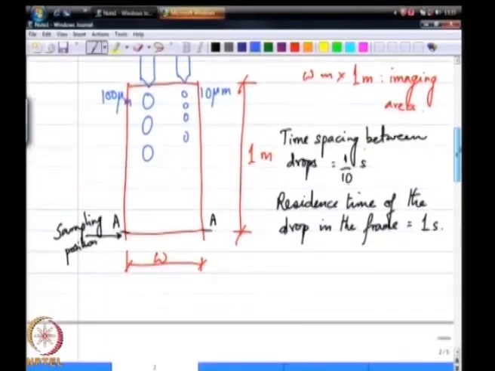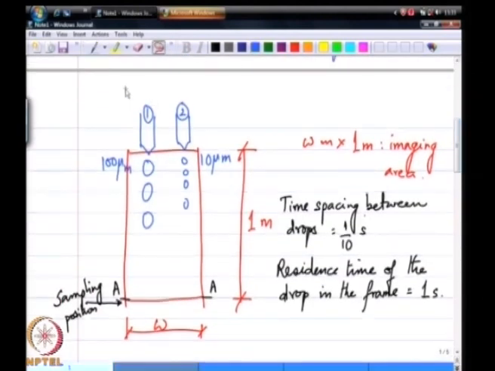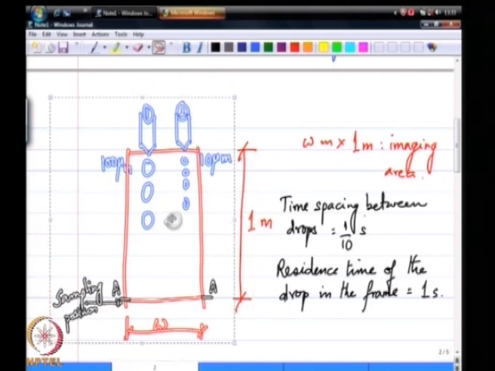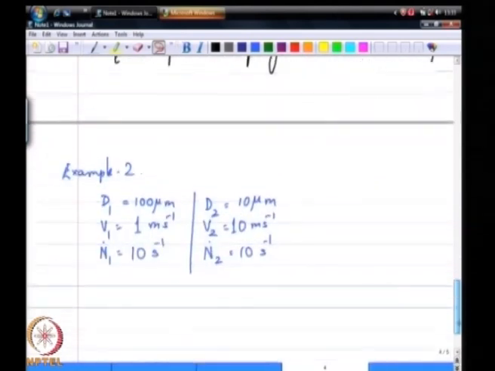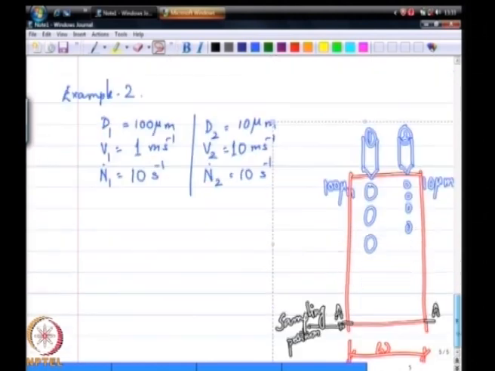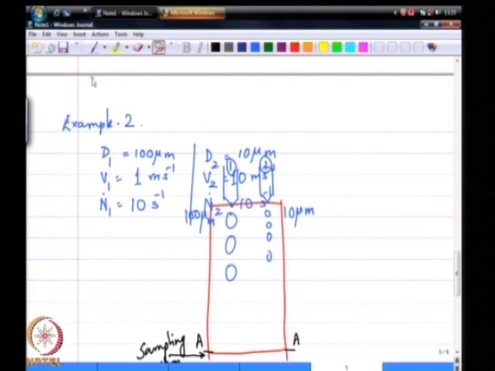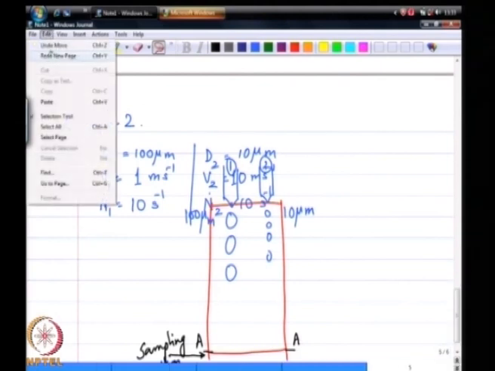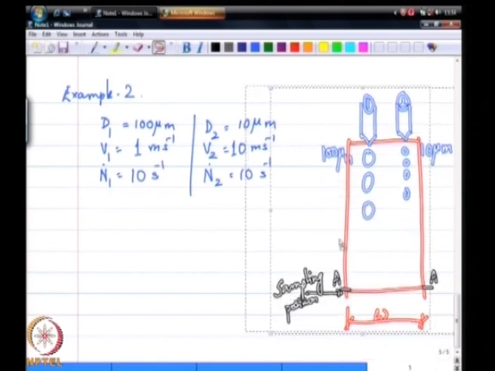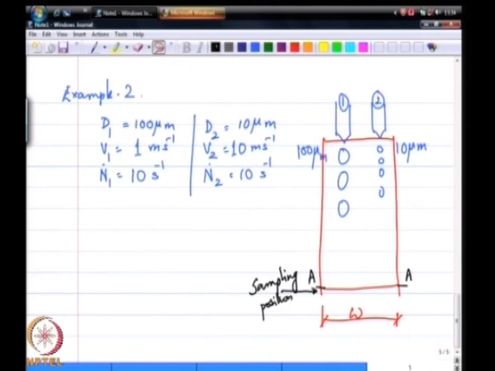So, now if the drop is moving fast and I will go back to the same exact spatial situation, now the drops are moving fast, these drops are moving at 10 meters per second, in relation to these drops that are only moving at 1 meter per second.